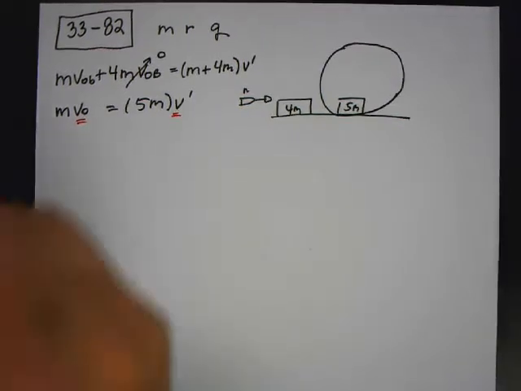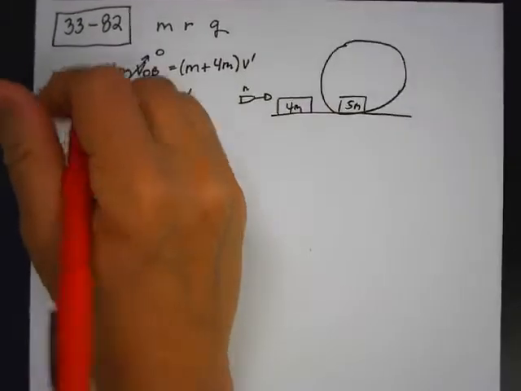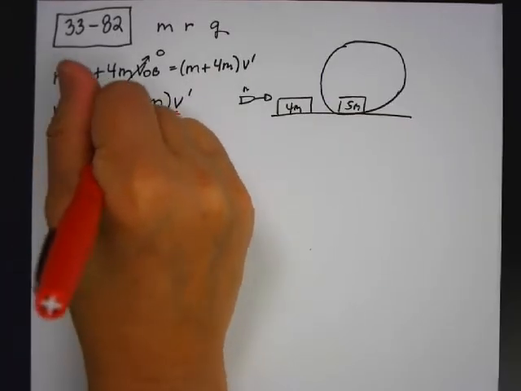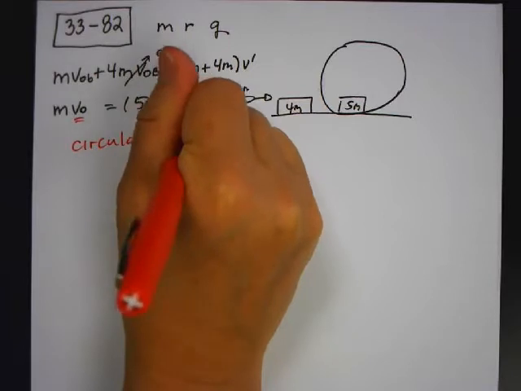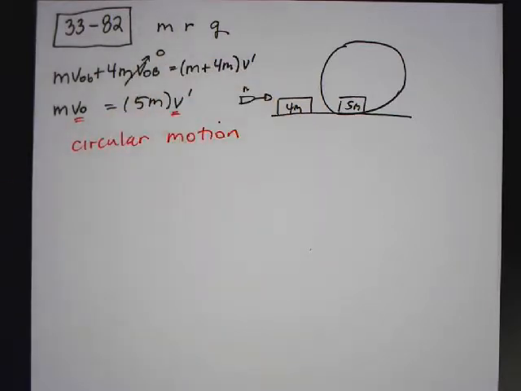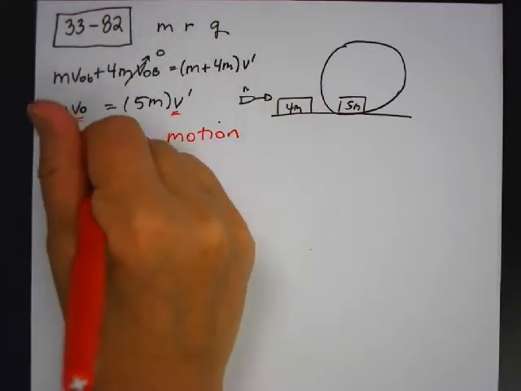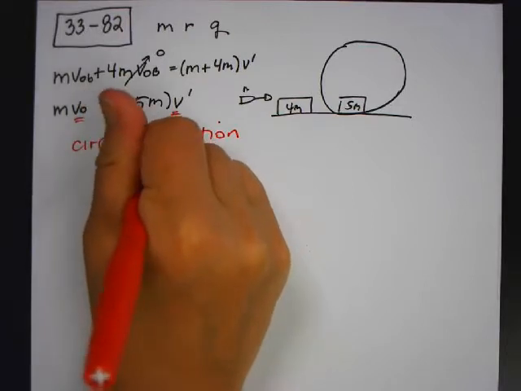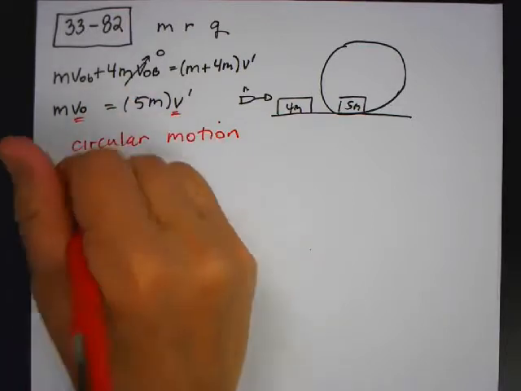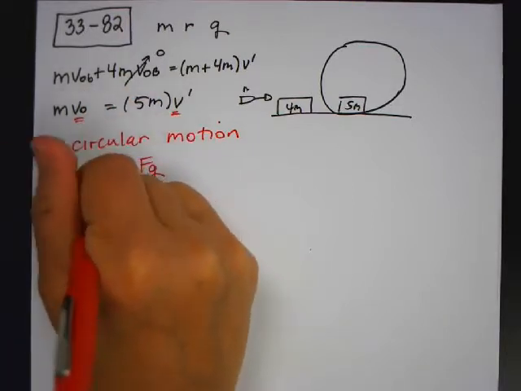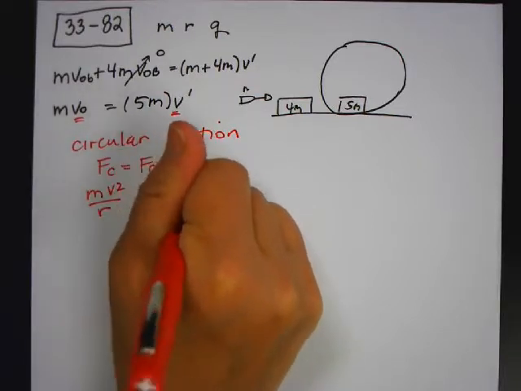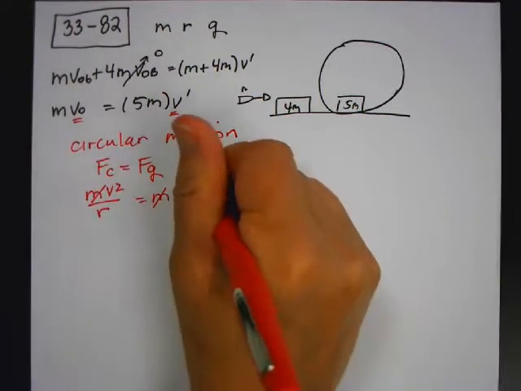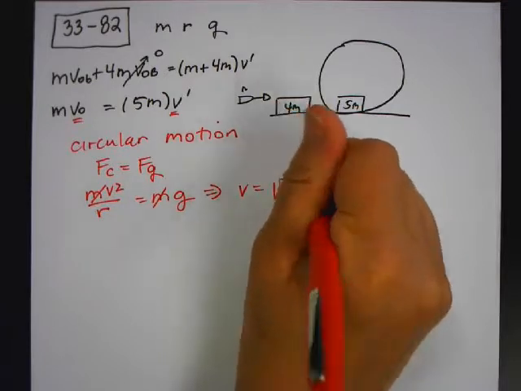Well, when it says what is the minimum speed, now I'm looking at a circular motion problem. Now, I don't memorize stuff, so when we did circular motion, we said the centripetal force is equal to the gravitational force. So m v squared over r is equal to m g, my m's cancel, and if I rearrange this, I get v is equal to the square root of r g.